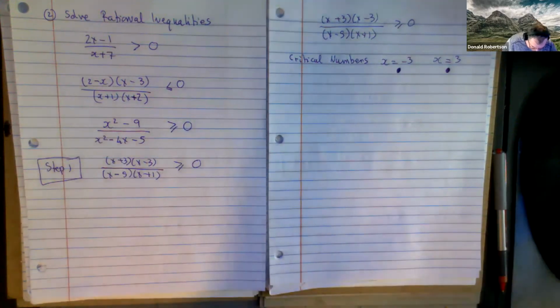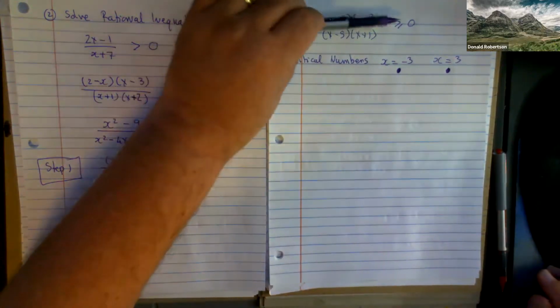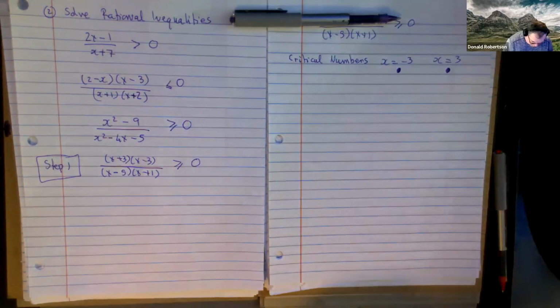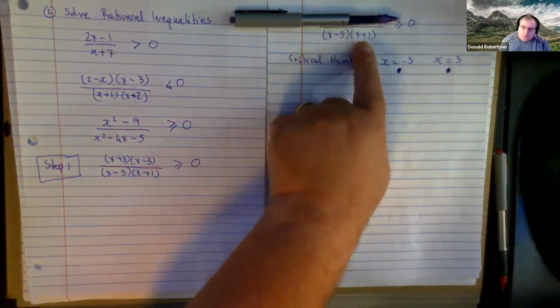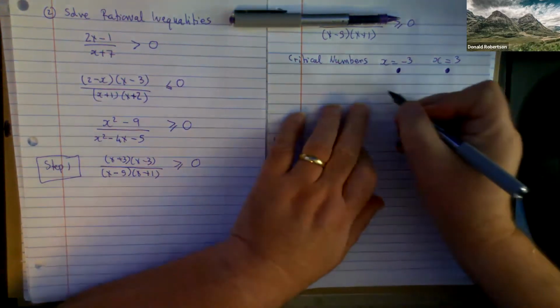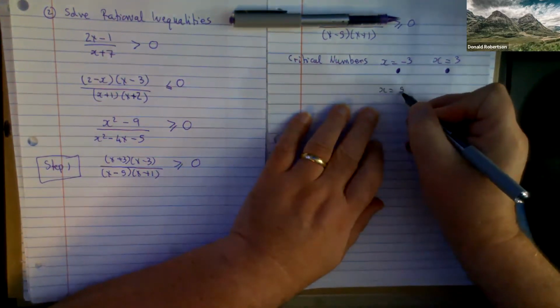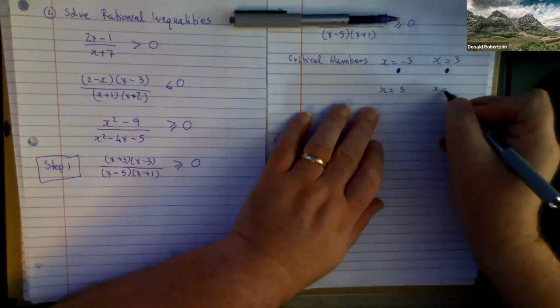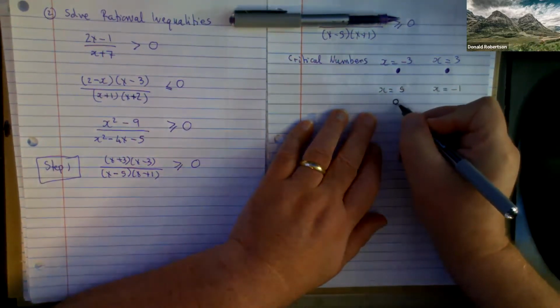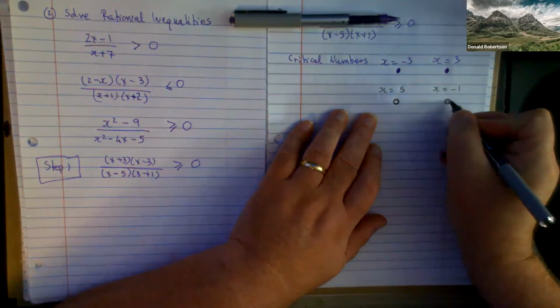Nothing has changed. But the other two critical numbers we're going to deal with are values of x that make the bottom 0 as well. They essentially end up being vertical asymptotes if you drew the thing. In this case, the two numbers are x equals 5 and x equals negative 1. But they are never usable.